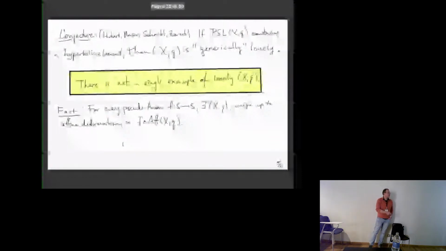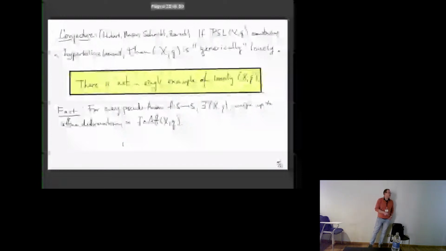This is a 3-manifold that fibers over the circle, with fiber the surface S. Mustafa was using 0 for the genus here, just because I'm going to talk about lots of other surfaces, so this is my seed pseudo-Anosov.